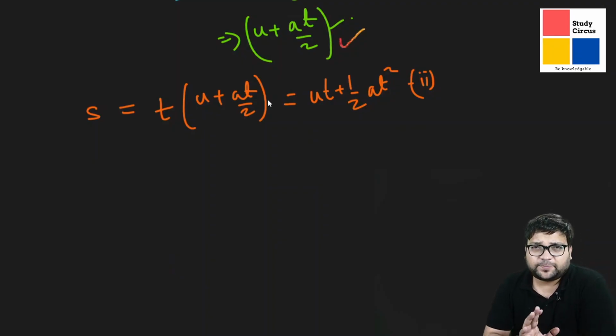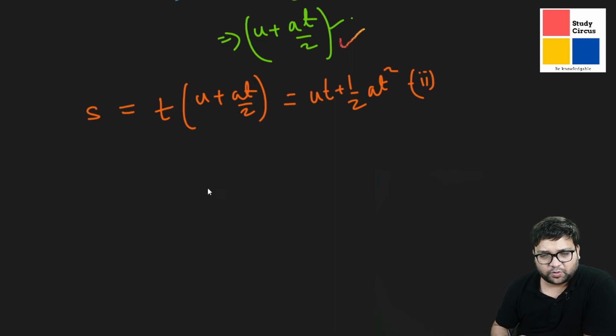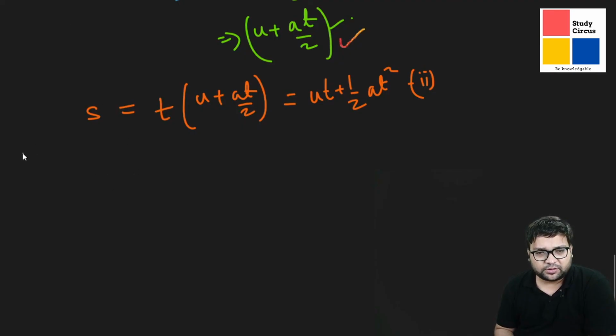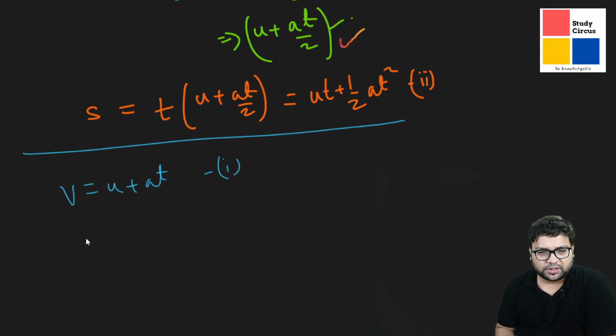So this is the expression for displacement. So we have our two equations of motion. First one was v is equal to u plus at. Second is the displacement given by ut plus half at square.